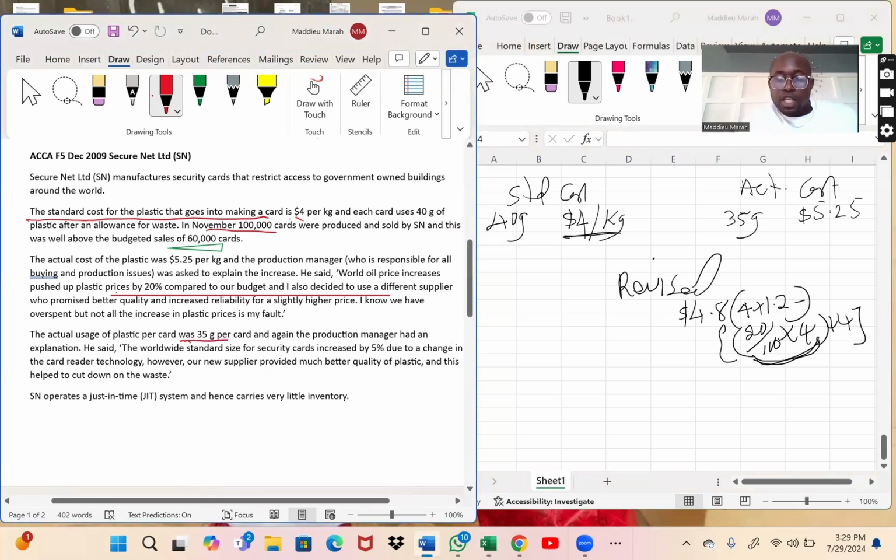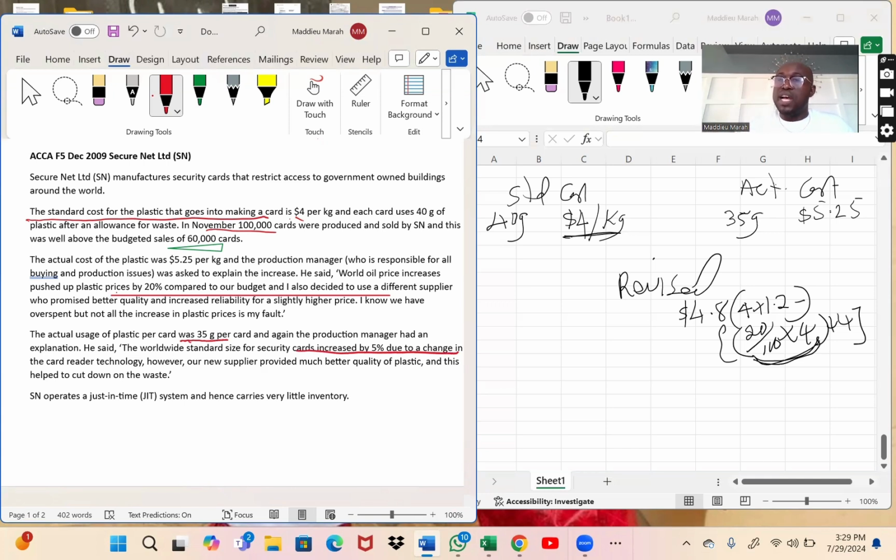And again, the production manager had an explanation. The world standard size for security cards increased by how much? 5%, due to a change in the card reader. So this is our revised standard usage. Increased by 5%.